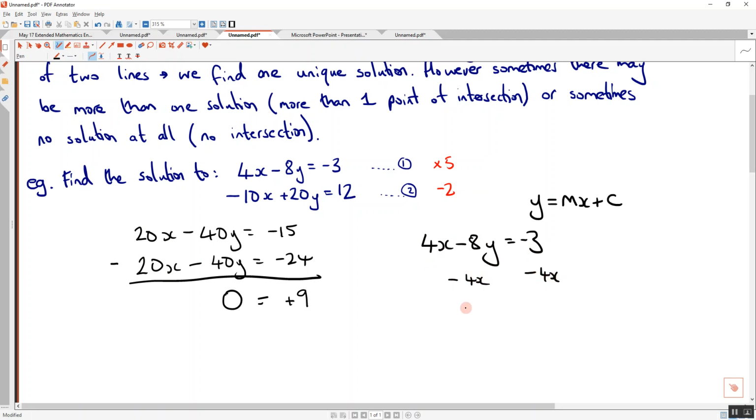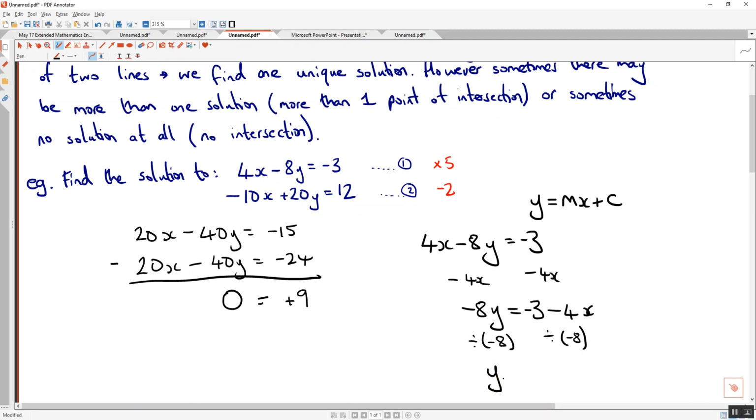So I would have -8y equals -3 subtract 4x. And then to make y equals, divide both sides by? Right, -8.